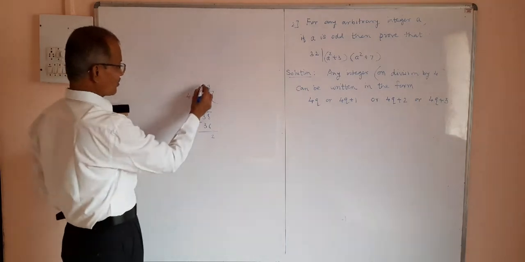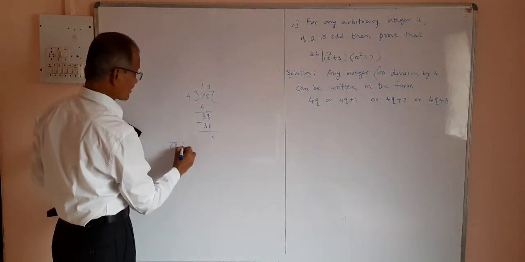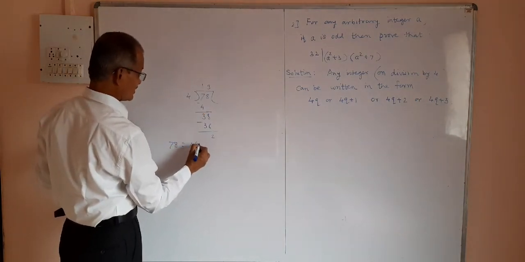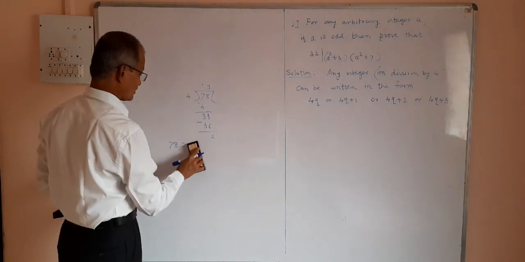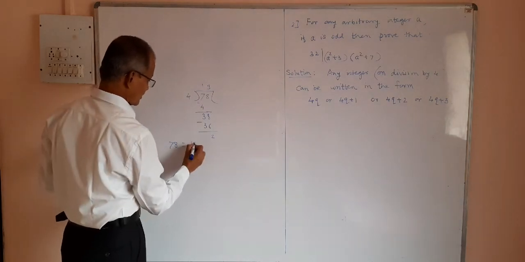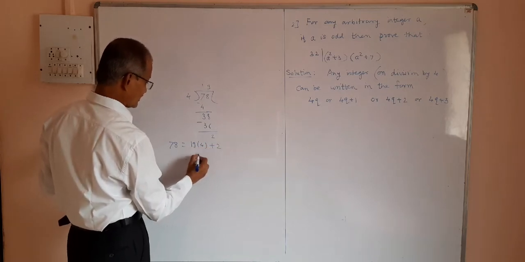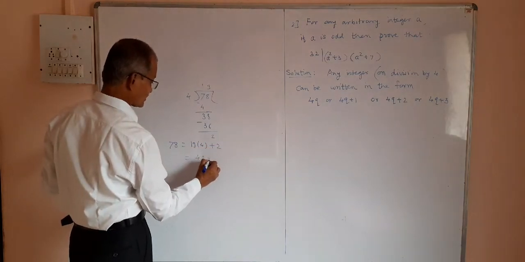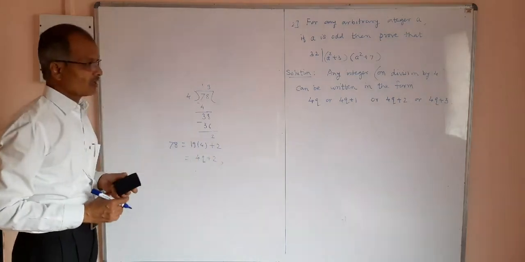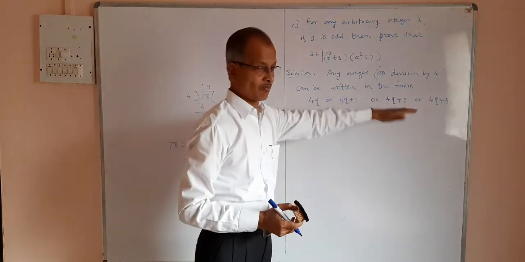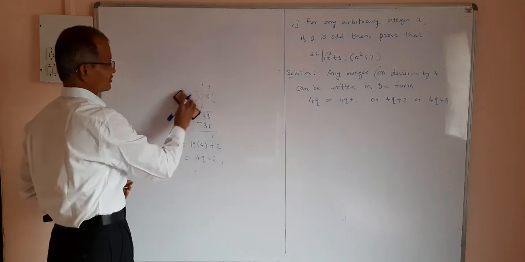So 78 is 4 into 19 plus 2, of the form 4q plus 2. The remainder is 2, so it will be one of the 4 forms.